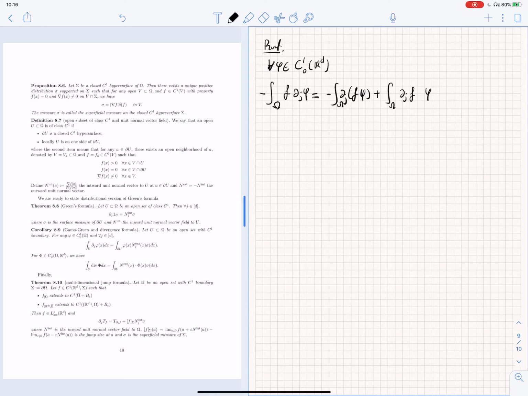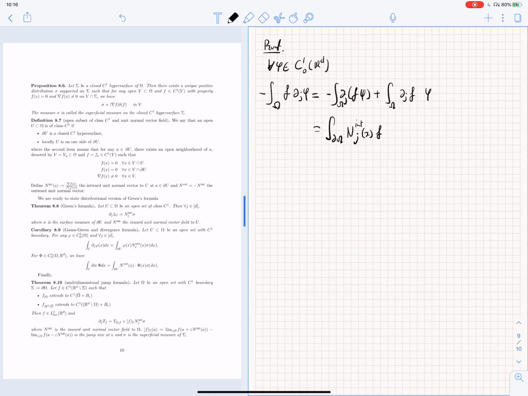Okay, so far so good. And now we can make use of Green's formula for this quantity, and it can be written as an integral on the boundary, with the inward normal vector field, the j-th component of that unit normal vector field, times f.